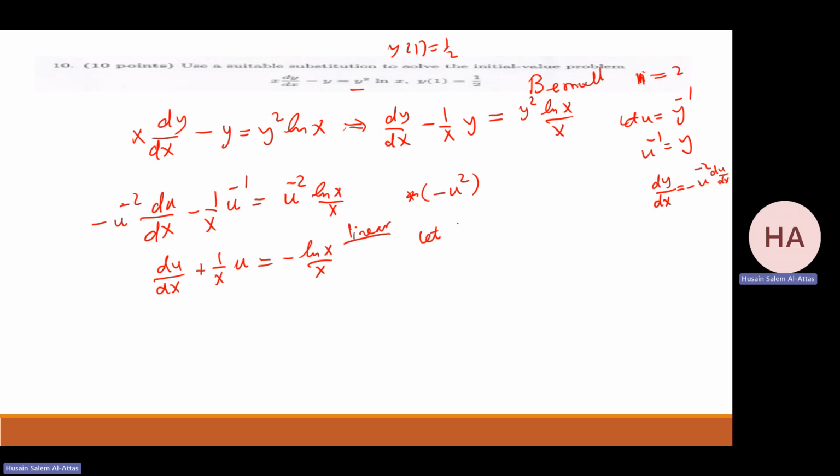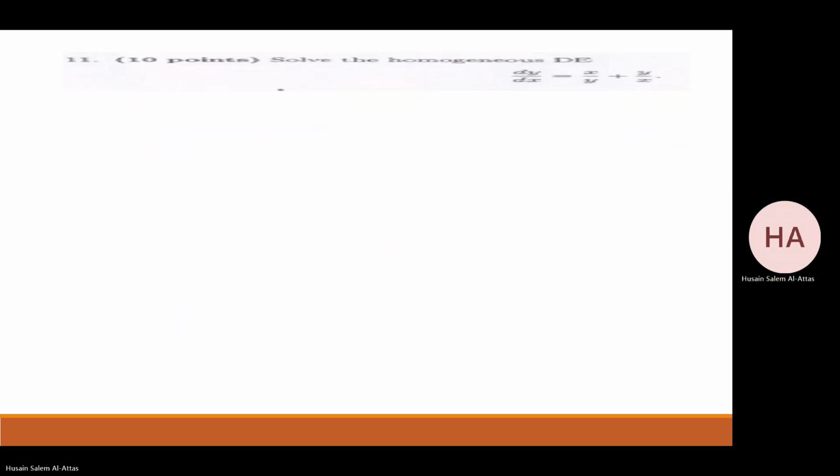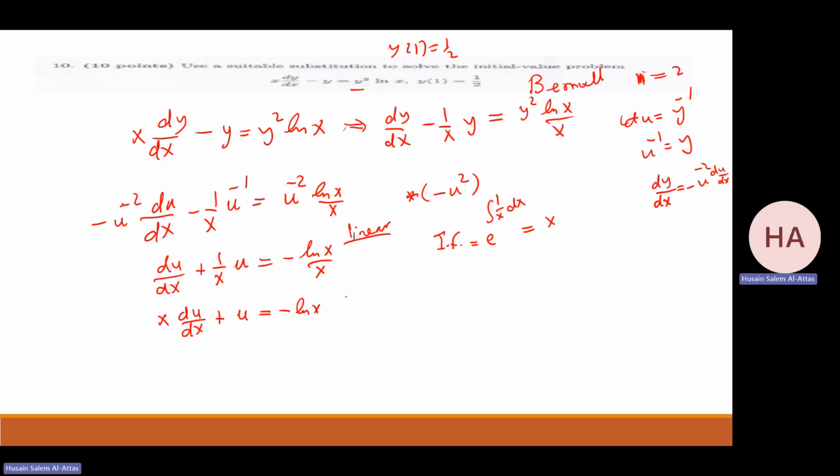So the integrating factor will be e to the integral of 1 over x dx, which will give me x. So I have x du over dx plus u equals minus ln x. So this is d over dx of xu equals minus ln x.